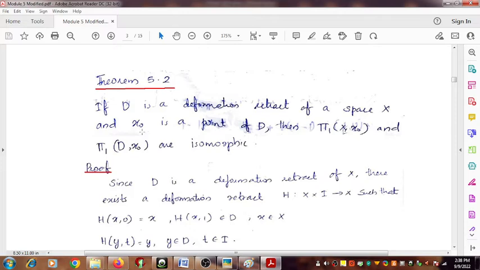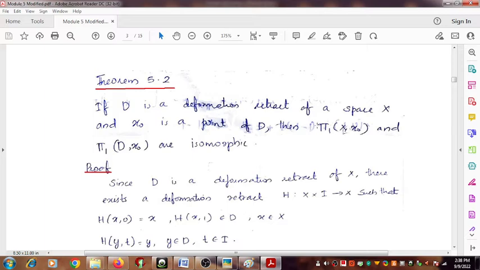X naught is a point which is present in D, so X naught will be a member of X also. Okay, then pi 1, that is the fundamental group of the full space X with respect to the point X naught, and the fundamental group of the subspace D, which is the deformation retract of the space X, with respect to the base point X naught, are isomorphic.